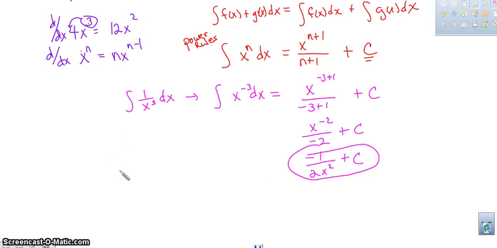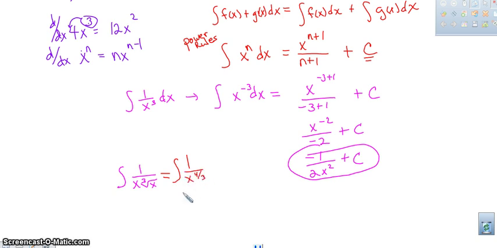Another one that you'll see quite a bit is 1 over x times the cube root of x. If I'm going to integrate that, I need to rewrite it as the integral of 1 over, this would actually be x to the 4/3.